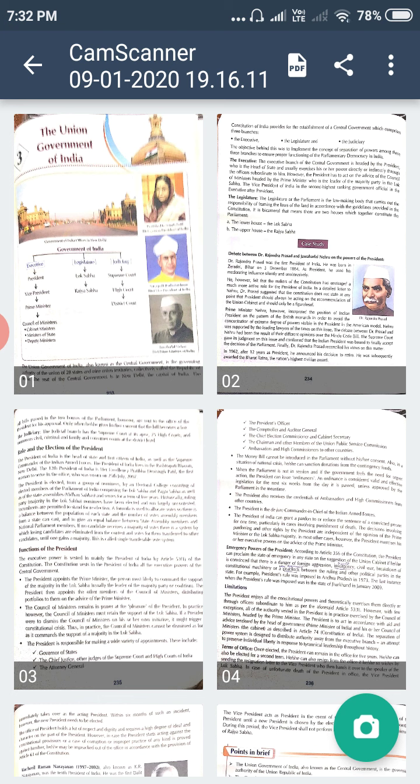If he wishes to resign from the office, he can give the resignation letter to the vice president, and then the vice president hands it over to the speaker of the Lok Sabha. And if there is an unfortunate death of the president in office, then the vice president takes over the duties of the president, but within 6 months the new president has to be elected.